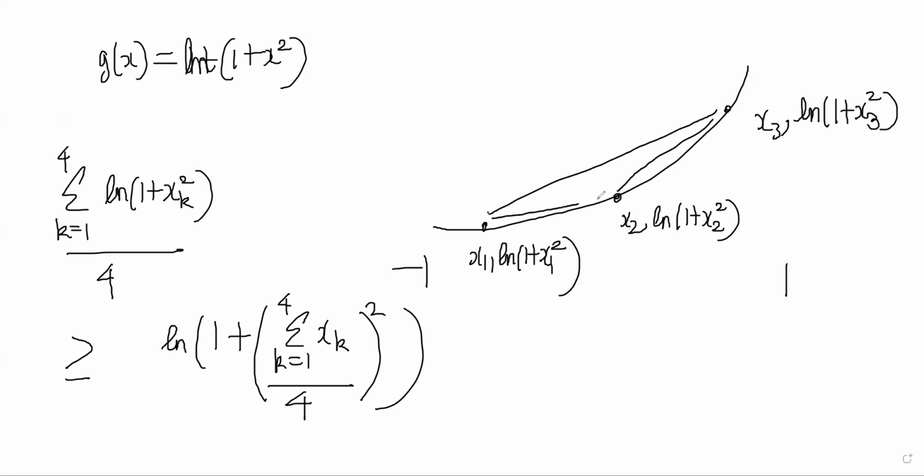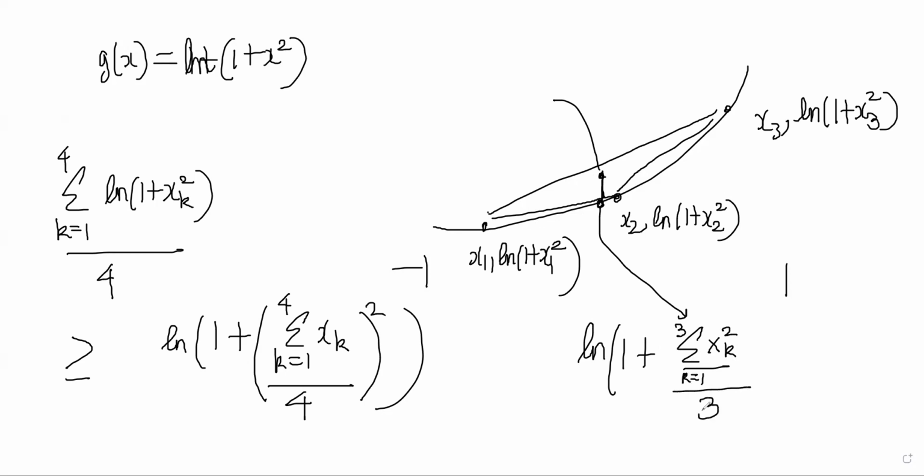You can easily see that the centroid of the triangle is above the actual value of the function, which is at the average of the three x's. The value of the function here would be ln of (1 plus (summation of xk, k going from 1 to 3, xk by 3) square), right?